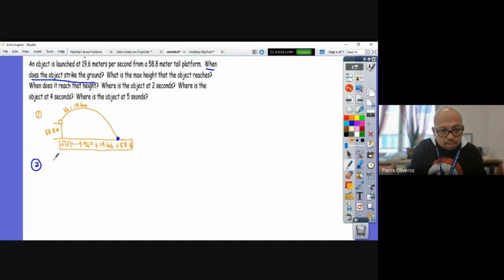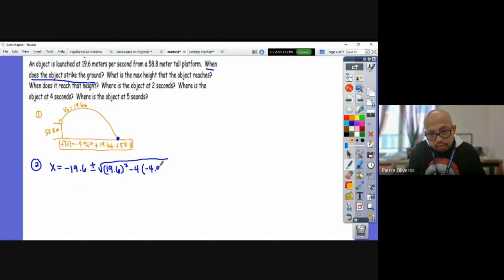For this case, I'm going to use the quadratic formula: x equals negative 19.6 plus or minus the square root of 19.6 squared minus 4 times negative 4.9 times 58.8, all over 2 times negative 4.9.